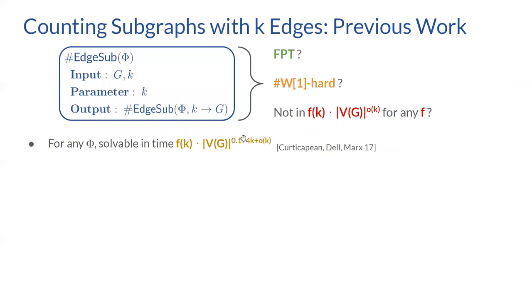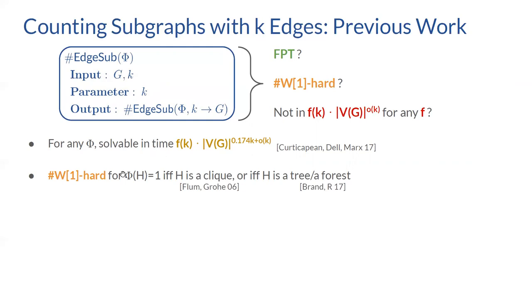So while the k is here still in the exponent, so it's not FPT, it is still much better than the brute force algorithm. The brute force algorithm runs in time roughly number of vertices of G to the k, or number of edges of G to the k.